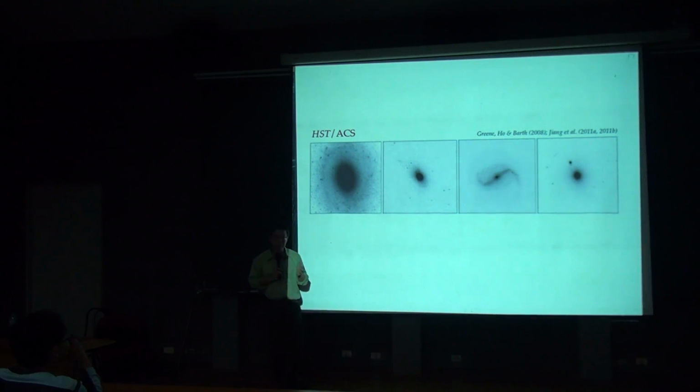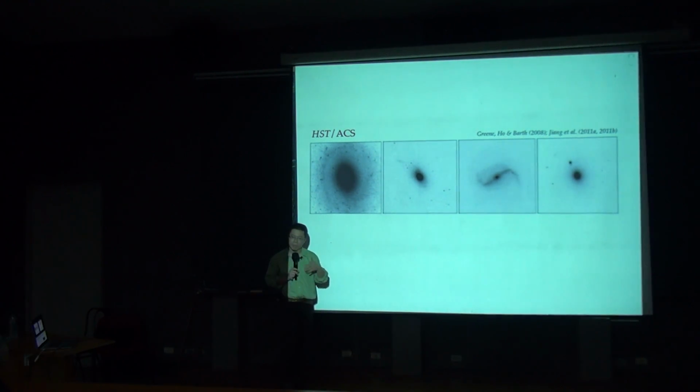Okay? But for this audience, I won't belabor the point. The point is that we've calibrated techniques using the width of the emission lines, which is a measure of the virial velocities, and we've devised methods to estimate the size of the region and combine them to produce essentially the virial product, okay, RV squared, to obtain masses, which we've calibrated, and we can obtain masses with accuracies of about a factor of 2 to 3.